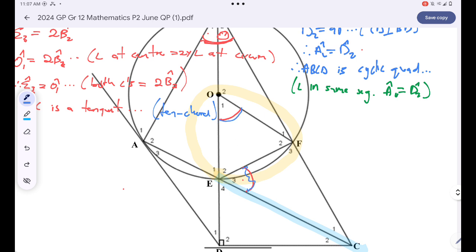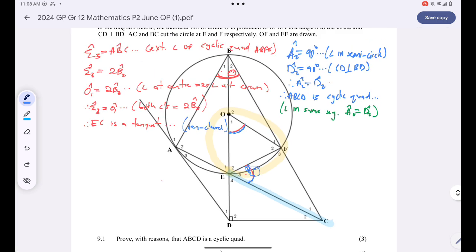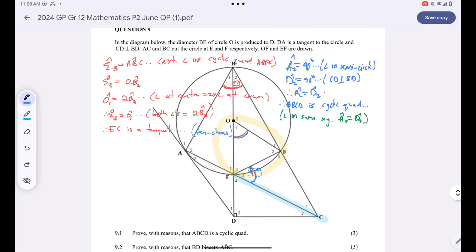Are we together? So that will be true if and only if EC is a tangent. Remember that we were told that we must show that EC is a tangent to the circle that passes through E, F, and O. So if E3 is equal to O1, we can therefore conclude that EC is a tangent according to the tan-chord theorem.